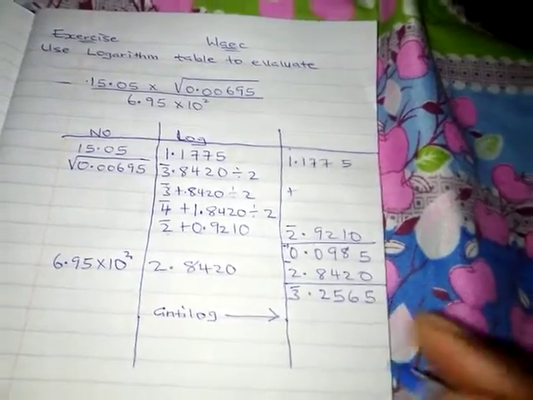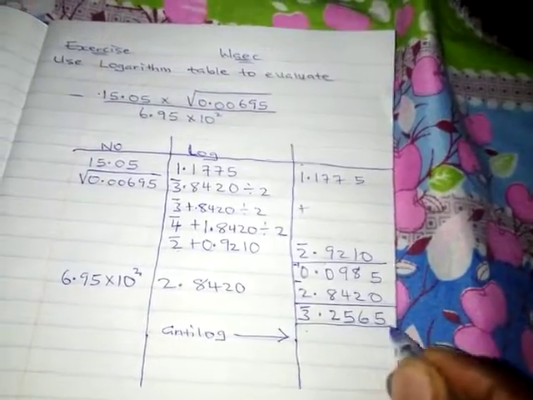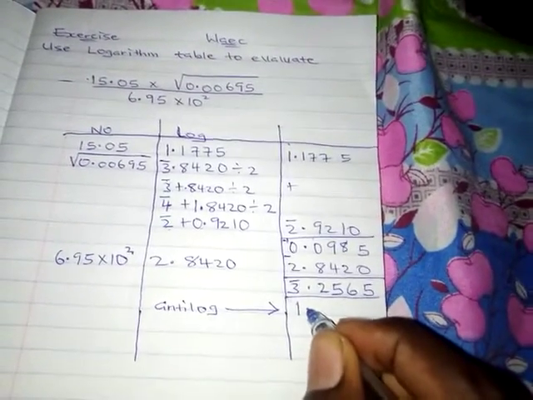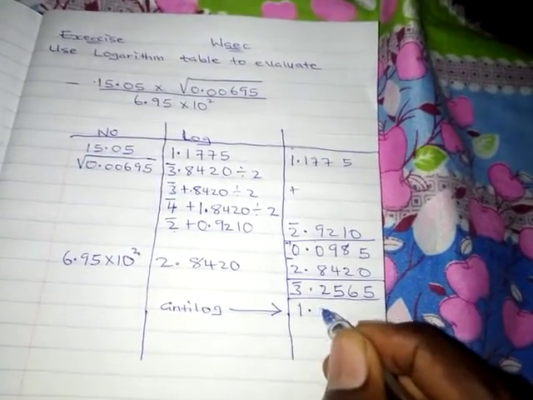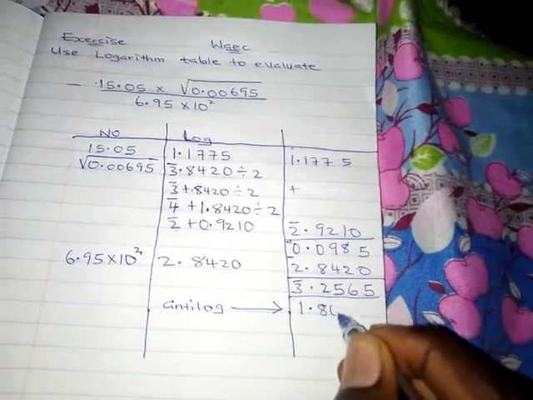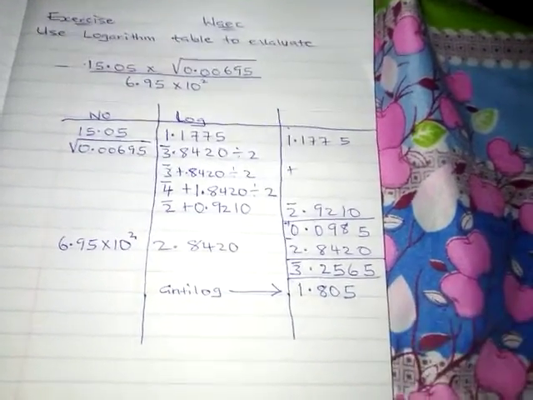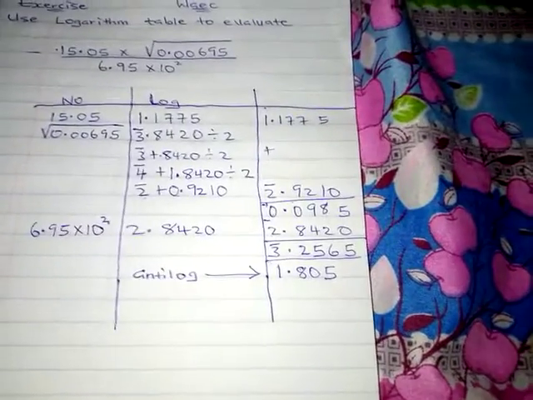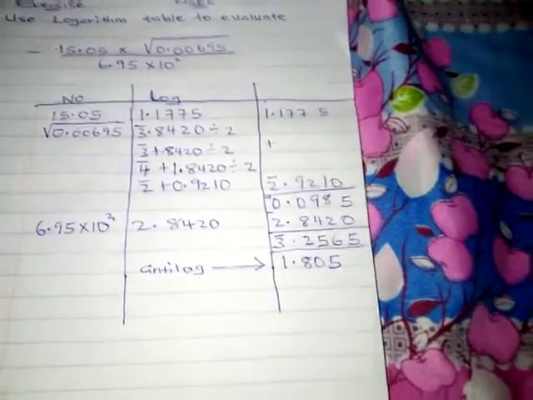And that will give us 1.805 from our anti-log. Then it is not finished.